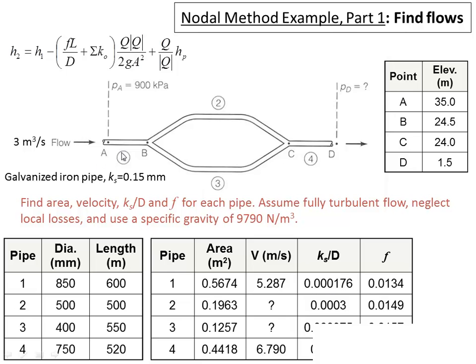So those are all the terms we would need to find how much energy loss there is between A and B. So it's not really anything special or indeterminate going between A and B, but it is a little bit more challenging when we want to find the pressure at C, because that is when we're going to have to relate the flow through the top channel to the flow through the bottom channel.